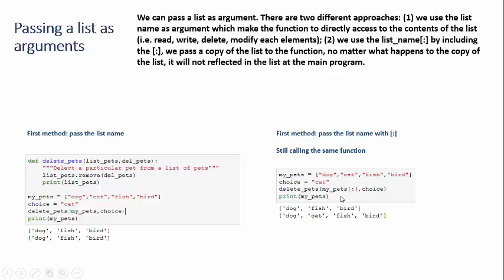You pass a copy of your list into the function for the function to do some actions, and anything that is done with your copy is not going to be reflected in your original list in the main program. So these are basically 2 different ways you can pass a list as an argument. You can pass the list itself, or pass a copy of the list to the function.